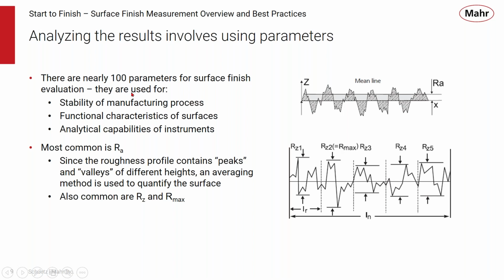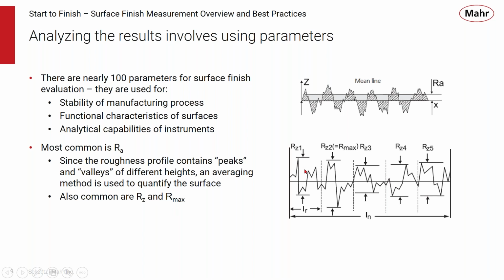But the most common parameter in use today is R sub A, or Ra. Since the roughness profile contains peaks and valleys of different heights, an averaging method is used to quantify this surface. So Ra stands for roughness average. Other common ones are Rz or R max, and we'll talk about those in a minute.